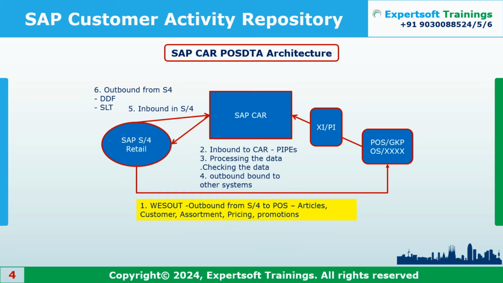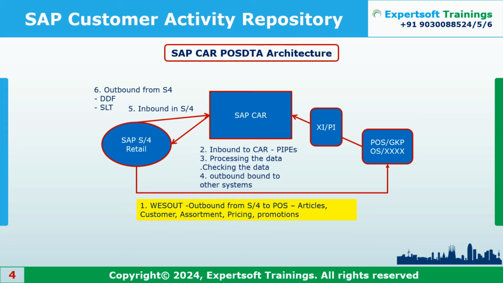Let's say you sold an article with barcode number 1234. I check my system: does article 1234 exist in my system or not, or is it something like an external article? Those kinds of checks also happen when the data arrives at CAR. That is why you need master data in CAR. All those master data get created, fed into CAR, and utilized to do the transactional data validation.